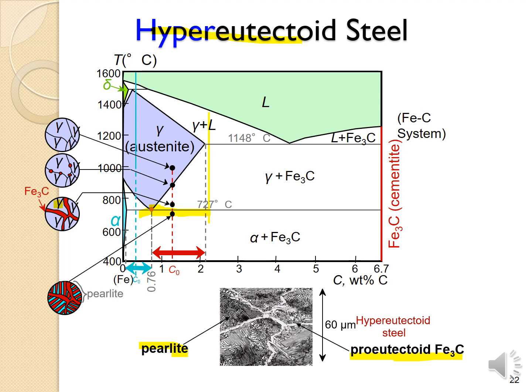Another note is this point, 2.1% of carbon, that's the dividing point between steel and cast iron. When the carbon content is below 2.1, that's a steel. But when the carbon content is above 2.1, it becomes cast iron.